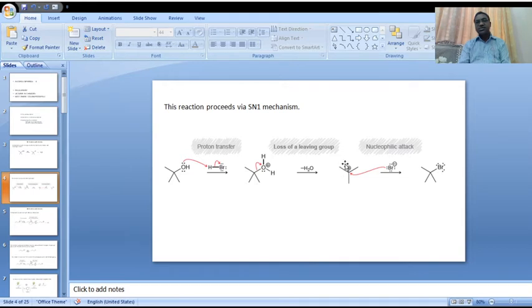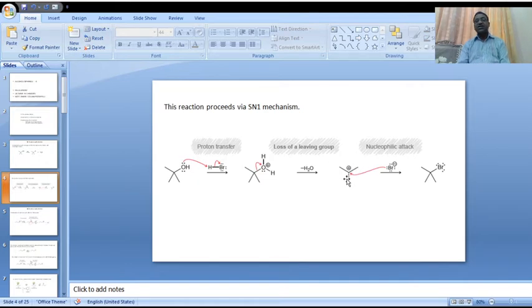It forms a carbocation. The center carbon gets positive, and it is called a carbocation. This carbocation is formed as an intermediate.